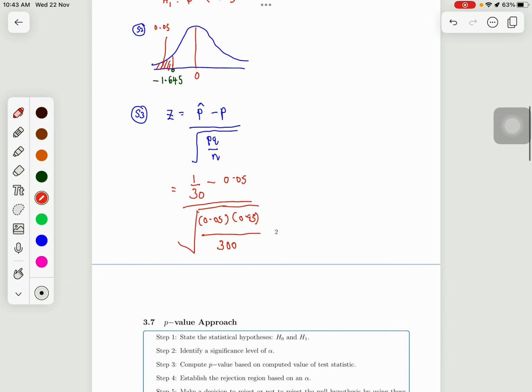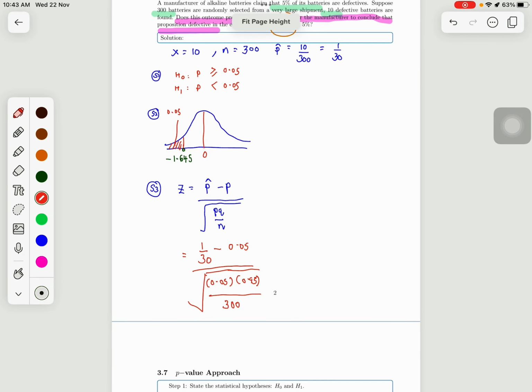And please try to find the test statistic value using a calculator. Let's calculate together. Okay, so 1 over 30 minus 0.05, divided by the square root of 0.05.